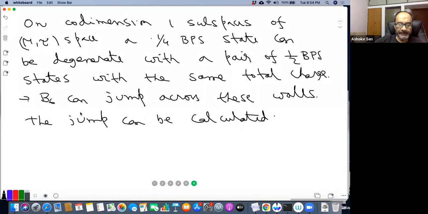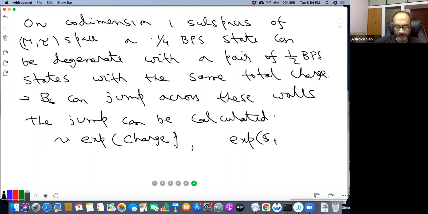And what one finds is that for these N equal to 4 supersymmetric theories, this jump goes as exponential of charge. The charge could be Q or P or some combination of those. In contrast, remember the black hole entropy is exponential of charge squared, because it had this square root of Q squared P squared minus (Q dot P) squared.